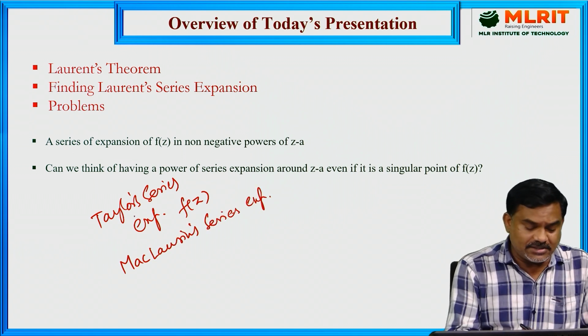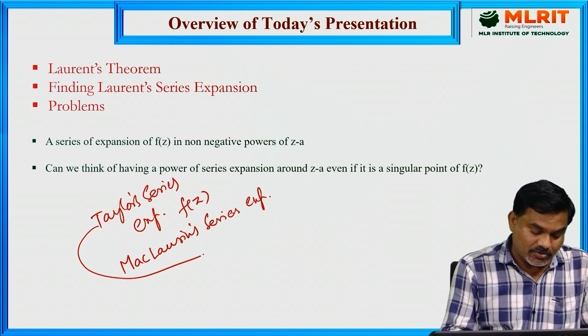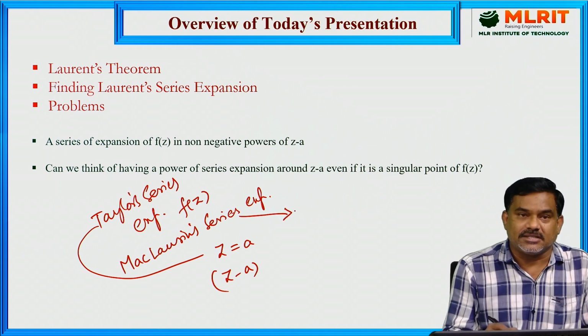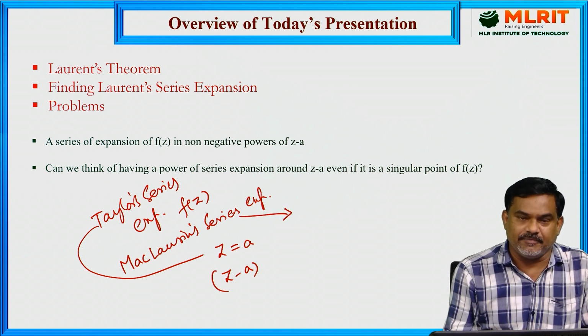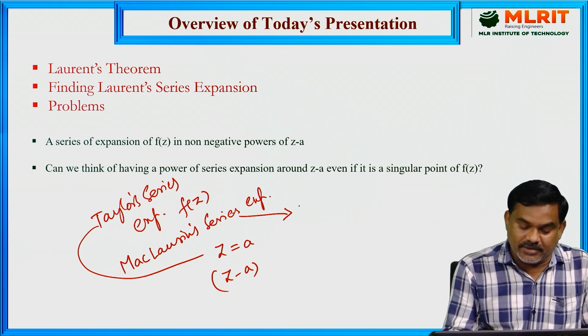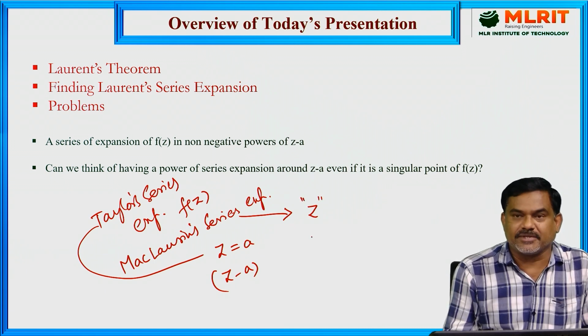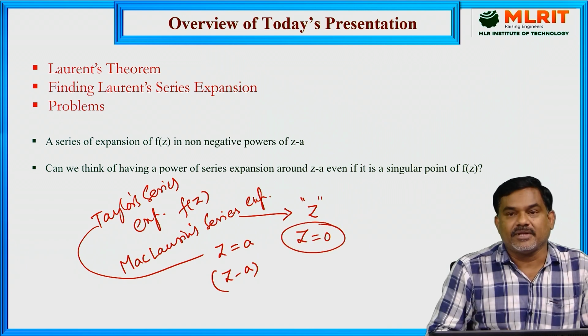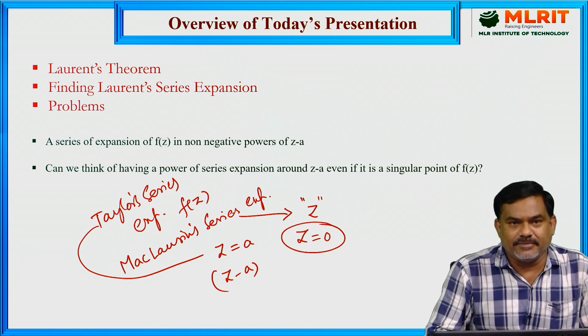The Taylor series expansion is about a point z equal to a, or in powers of z minus a, whereas the Maclaurin series expansion is a subcase of the Taylor series expansion, and we expand the given function in powers of z, that means about a point z equal to 0. So if we expand the given function about z equal to 0, that expansion is called Maclaurin series expansion.